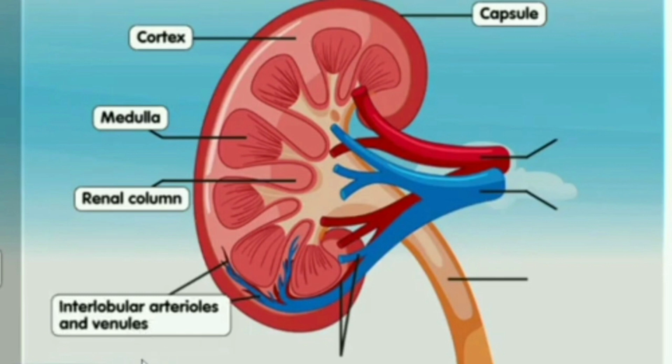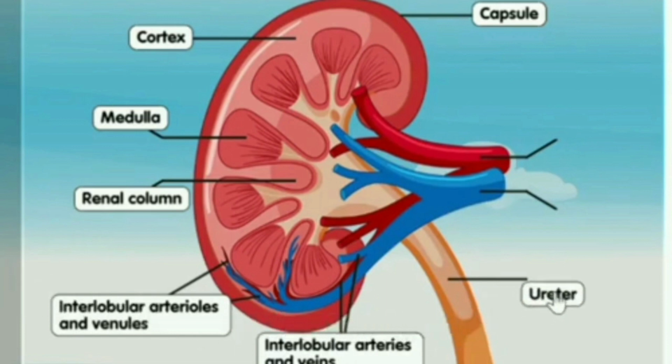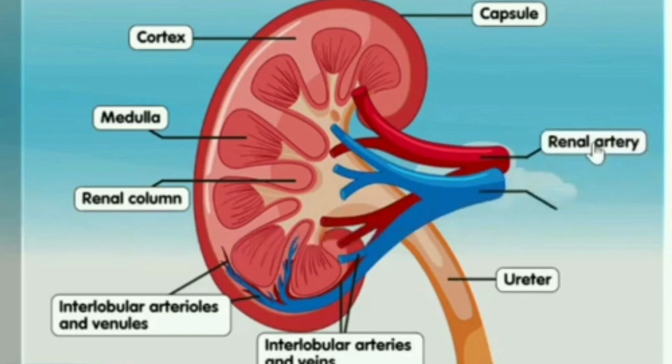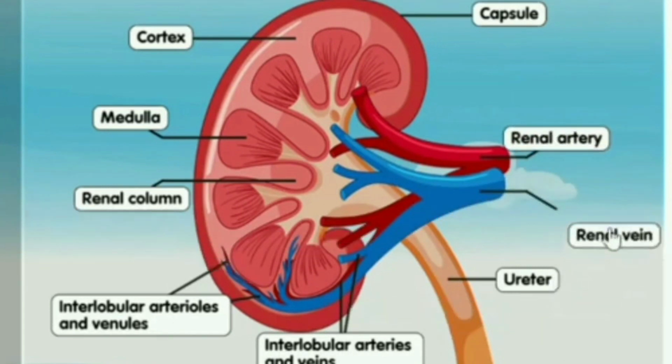Interlobular arterioles and venules. Interlobular arteries and veins. Ureter. Renal artery. Renal vein.